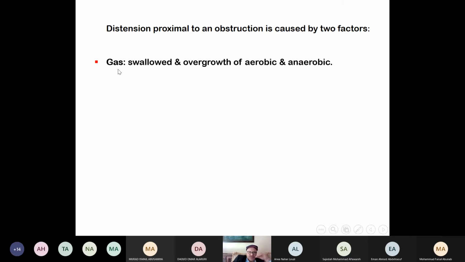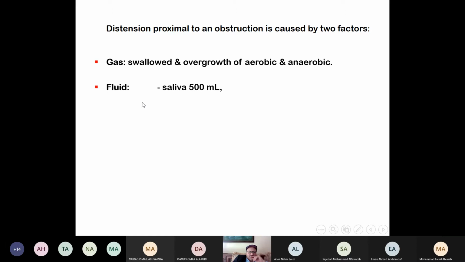Number one is the gas, and the sources for the gas are swallowing and overgrowth of aerobic and anaerobic bacteria in this stagnant fluid. And the other factor is fluid.